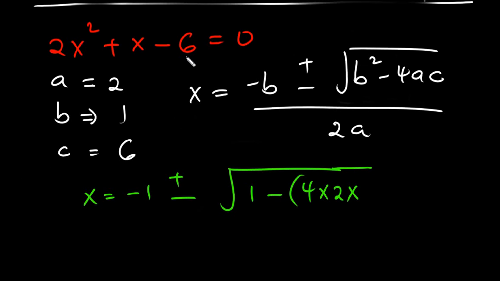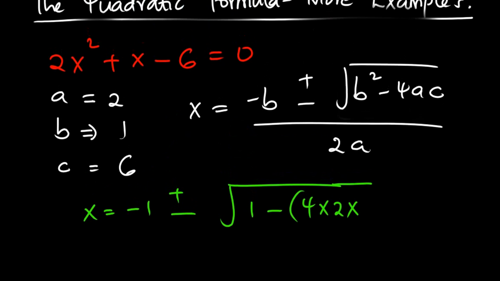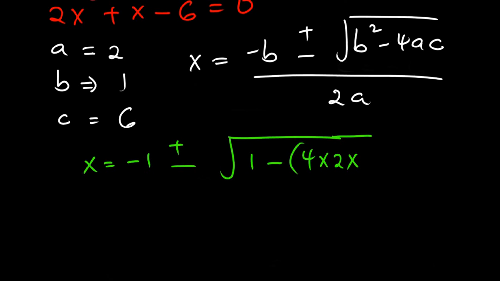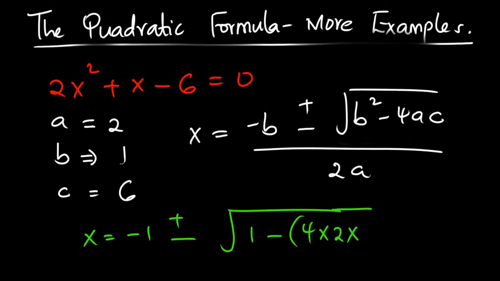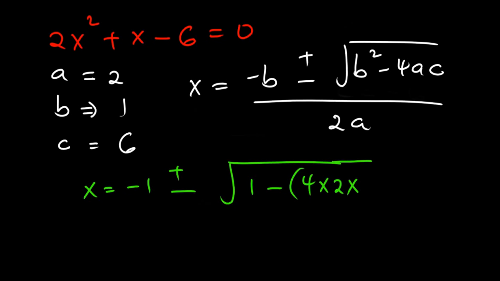But I will make a video about complex numbers, what they are, and how we can solve such a quadratic equation using the knowledge of complex numbers. But for this case, let's make it negative 6 so that we can apply the knowledge that we have just learned. So I'm sorry for that. So C for this case is going to be negative 6.